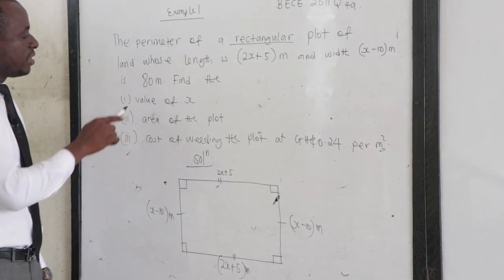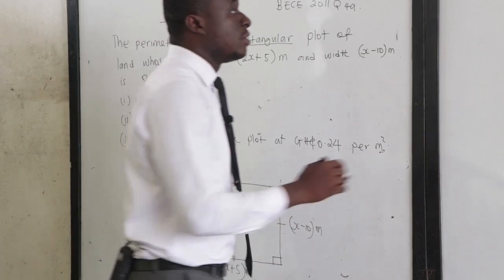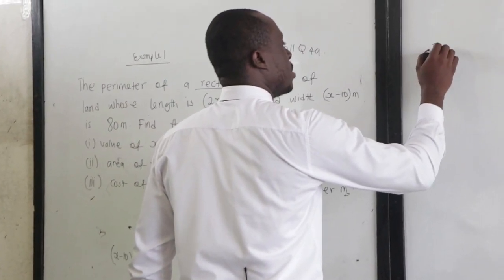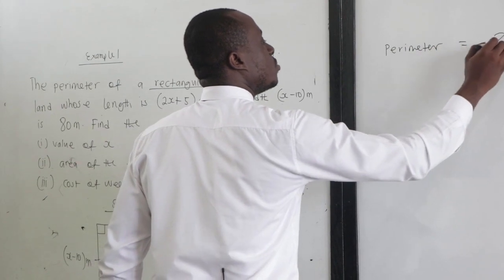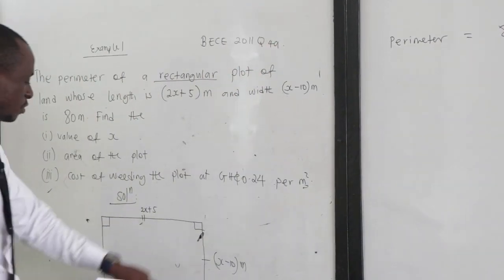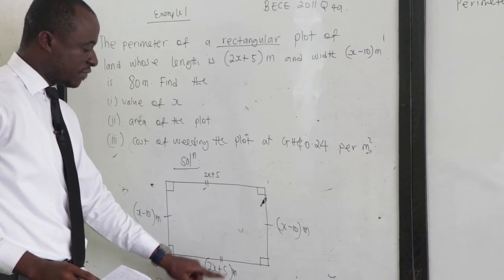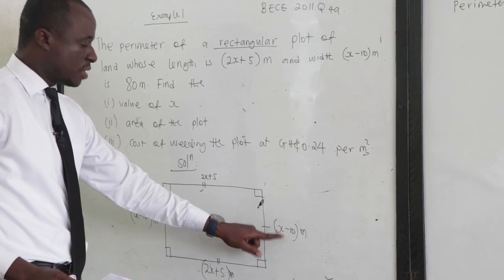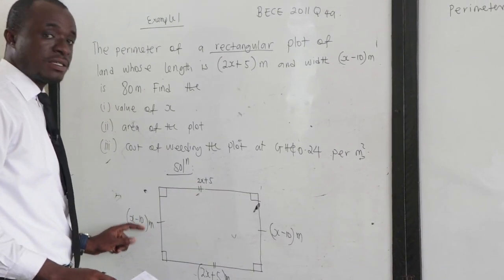Now, you are being given that the perimeter is 80. So clearly, our perimeter is equal to 80. Now let's come to the diagram. Perimeter is the total distance around it. So this is 2x plus 5, plus x minus 10, plus 2x plus 5, plus x minus 10.